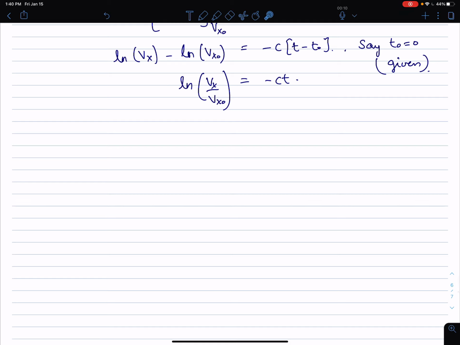Now we have time in some sense as a function of the velocity. How do you get velocity as a function of time? We've got to remove the log. Just like last time, we can do an exponentiation to get rid of the log. So we exponentiate both sides.